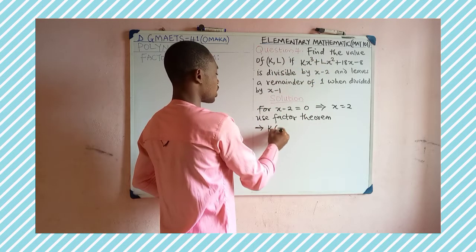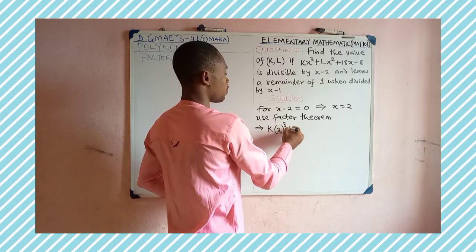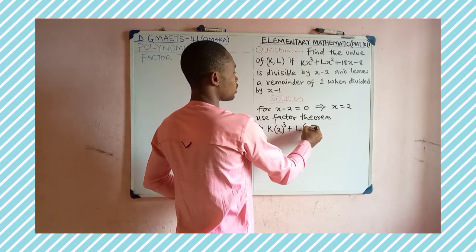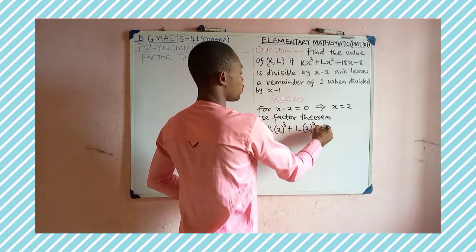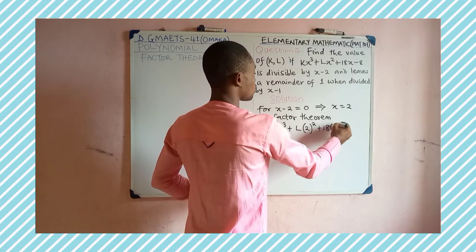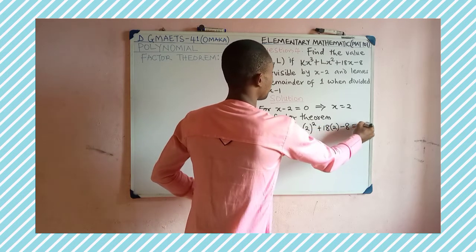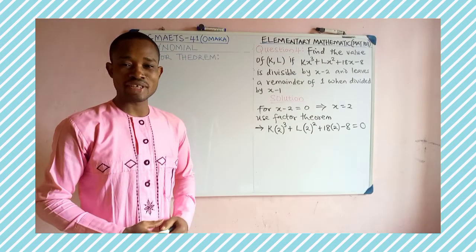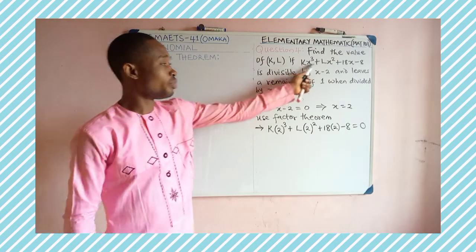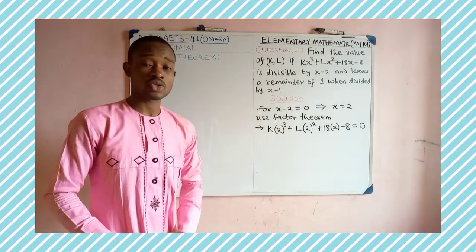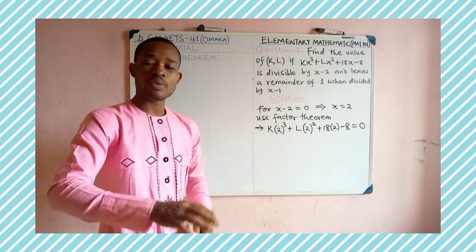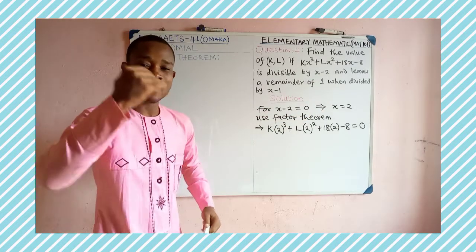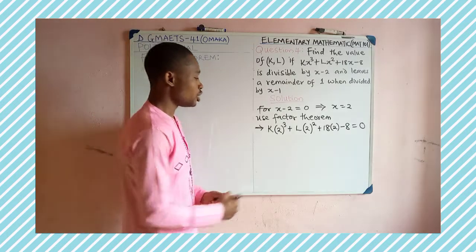So that's going to give us k bracket 2 raised to the power 3 plus l bracket 2 raised to the power 2 plus 18 bracket 2 minus 8. According to factor theorem, the remainder is expected to be 0. And of course, that's why we weren't given any remainder when the polynomial was divided by this x minus 2. The term divisible simply shows that x minus 2 is actually a factor of that polynomial.